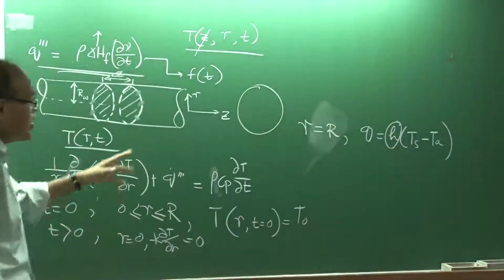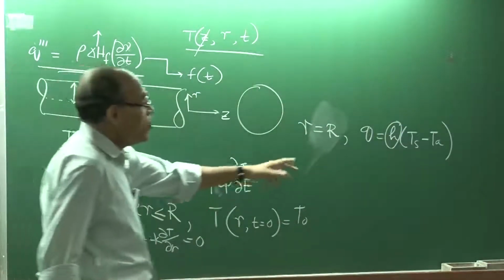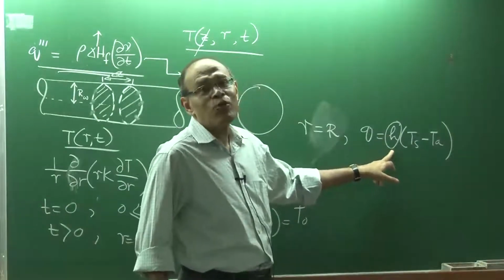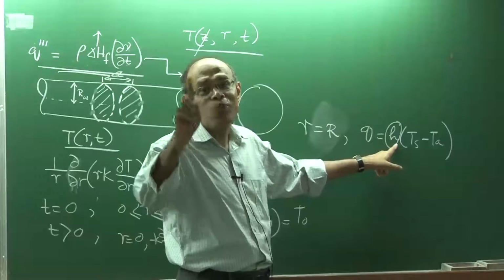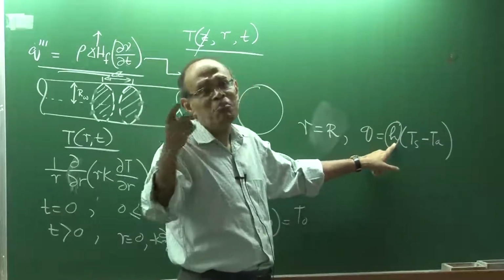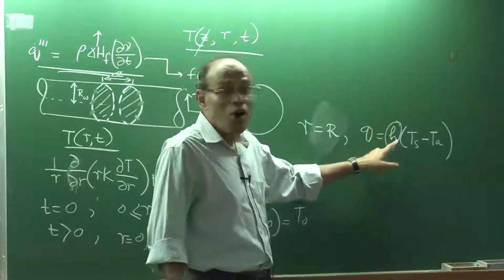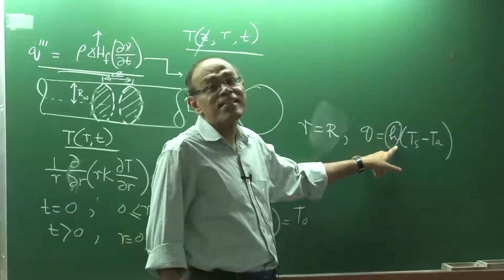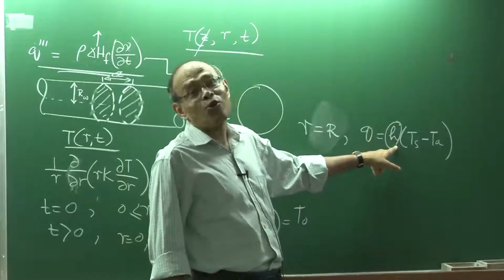In this particular case, normal air cooling will give you a value of h, suppose 1 unit. Forced air cooling may give you an h of 3 or 5 units. On the other hand, if you use a quenching operation, this h could be 1 or 2 orders of magnitude larger.